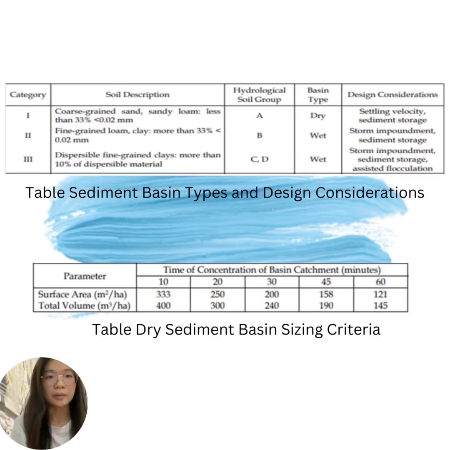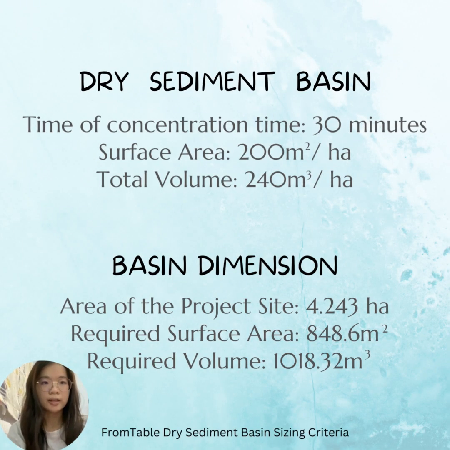The table of sediment basin type and design consideration and the table of dry sediment basin sizing criteria are used to design the sediment basin. For the dry sediment basin, the concentration time is 30 minutes and the surface area is 200 meters square per hectare. The total volume is 240 meter cube per hectare.